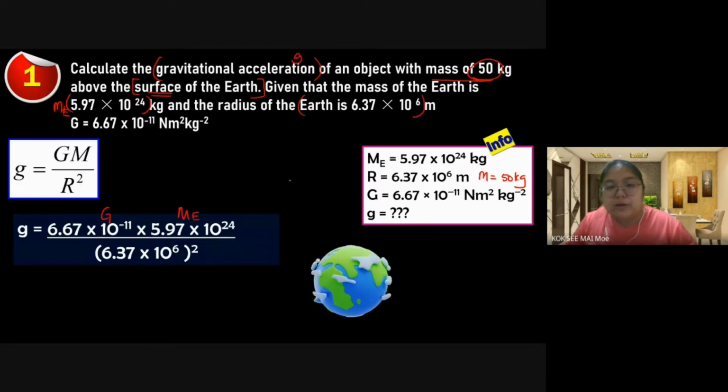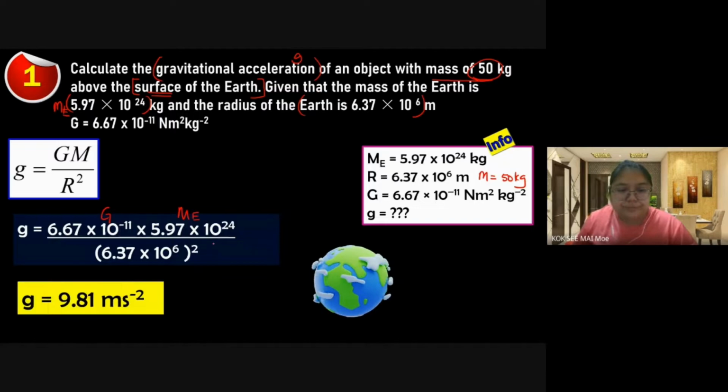So straightforwardly take the radius. After that, we square it. So we see the answer for g is how many? Okay, 9.81. You see, exactly at the surface. So you find the answer for the gravitational acceleration, 9.81. Remember, the unit of gravitational acceleration is m s^-2.